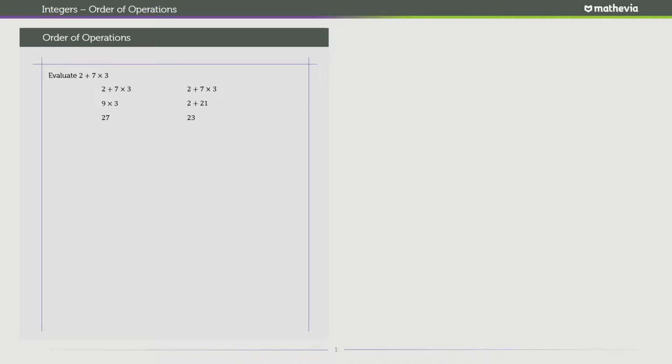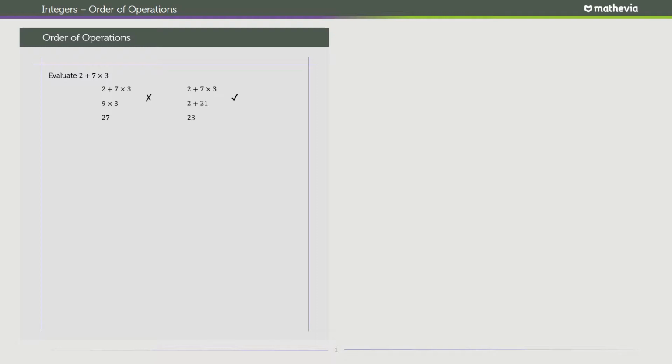So which of these is correct? The second one is correct. 23 is the correct answer to 2 plus 7 times 3. The reason is that in mathematics, there's a fundamental law that says if you're given a question where you have to perform two different operations, you're expected to perform multiplication before addition, irrespective of their position.